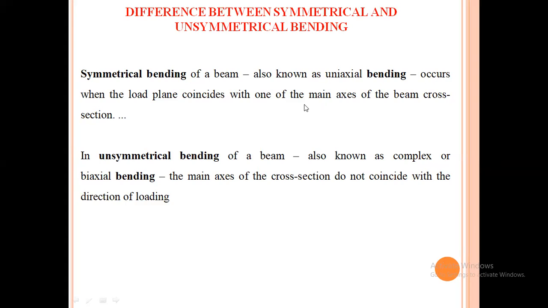Those are symmetrical bending beams. If the same beam has a load that is not coinciding with any plane of the beam, those beams will undergo unsymmetrical bending.